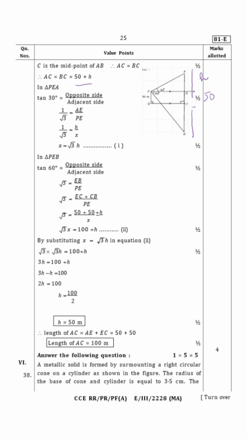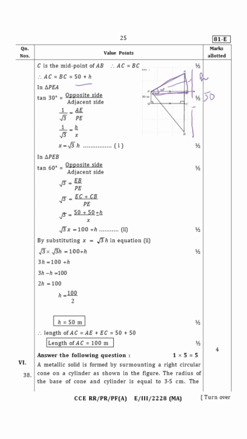Tan 30 means this triangle. In triangle PEA, tan 30 is equal to opposite side by adjacent side. Here opposite side is this one, that is H. We have noted it as H or AE.